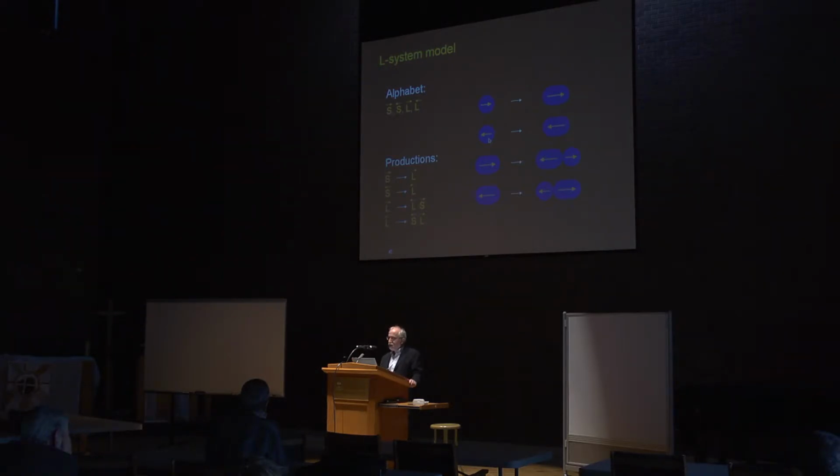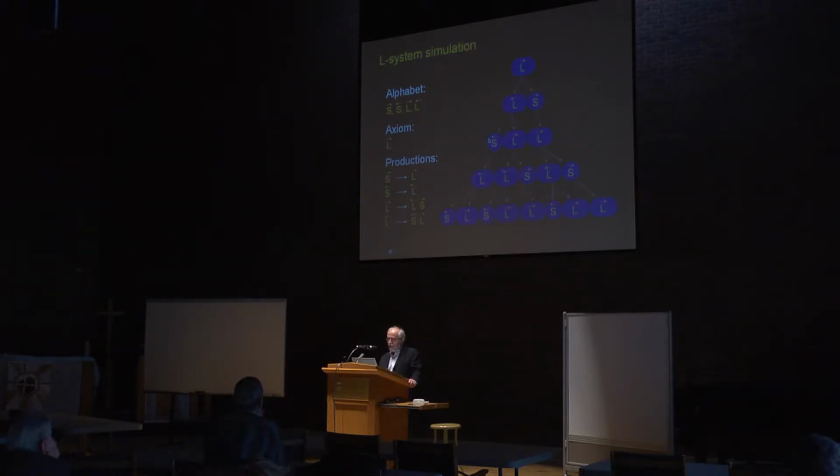And application of a production represents progress of time by some fixed interval. So symbolically, we can describe this situation identified by Mitchell and Wilcox as 4 productions shown on the left. And in order to complete the definition of an L system, we have to specify the initial cell or initial state. And this is called the axiom.